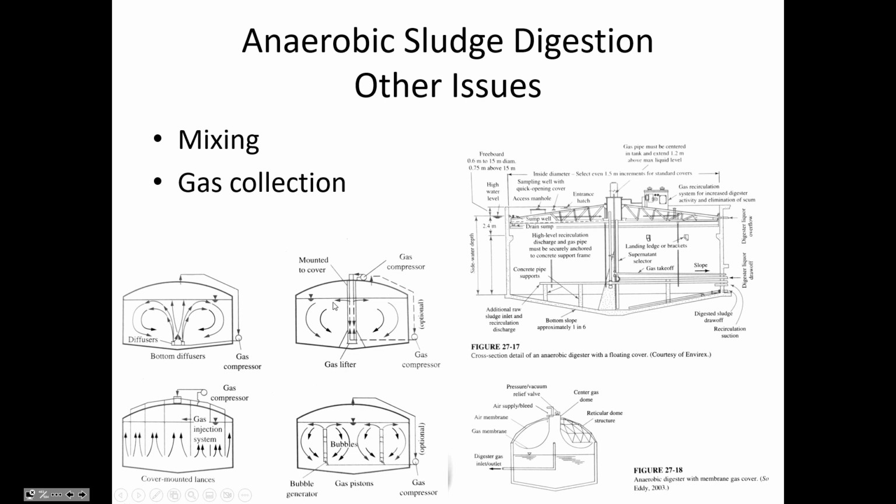Now, the fact that the gas volume may be rising and falling means that sometimes they'll have a membrane at the top that can be floating on top of the sludge, and then they'll have to have different kinds of buoyant, I don't know what to call it, some sort of flotation system that can support the weight of all of the materials that are built into the roof.